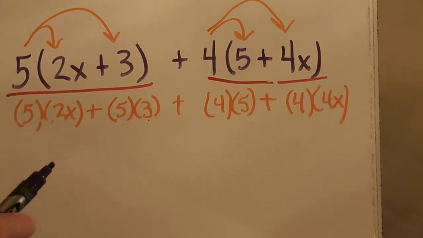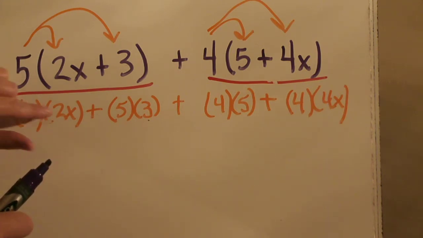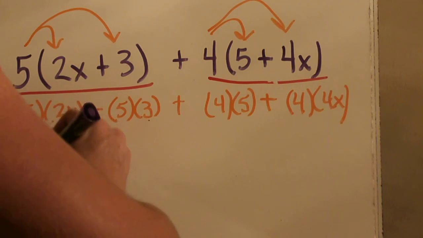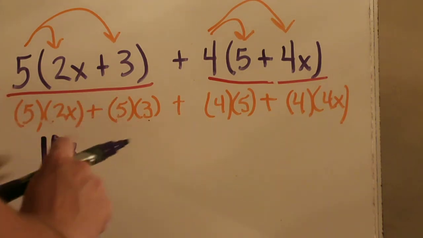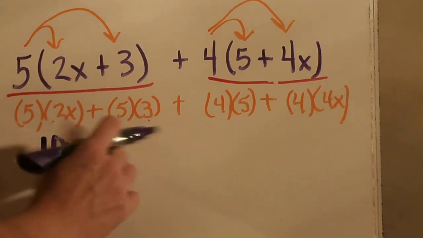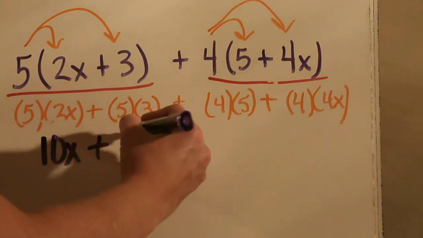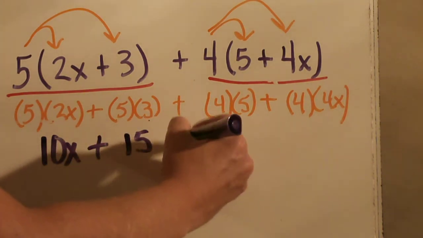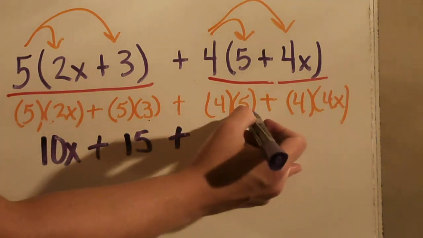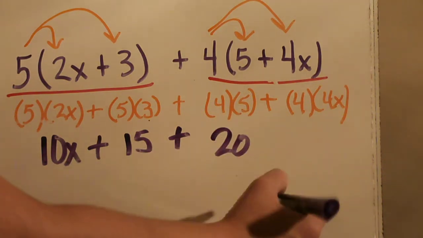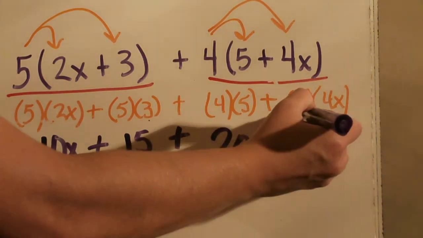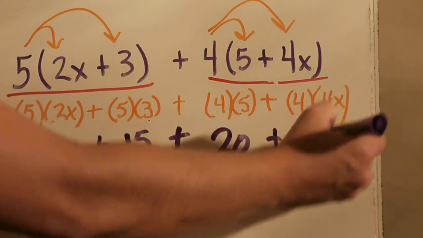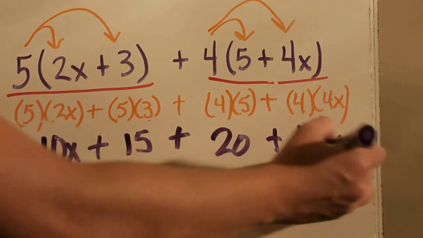We just have to remember to include our variable x with our answer. So 5 times 2x is 10x plus 5 times 3 is 15 plus 4 times 5 is 20 plus 4 times 4x is 16x.